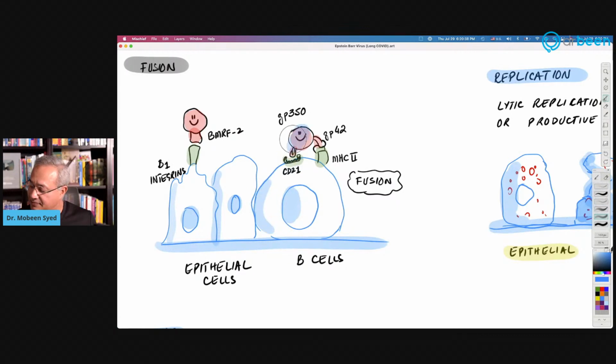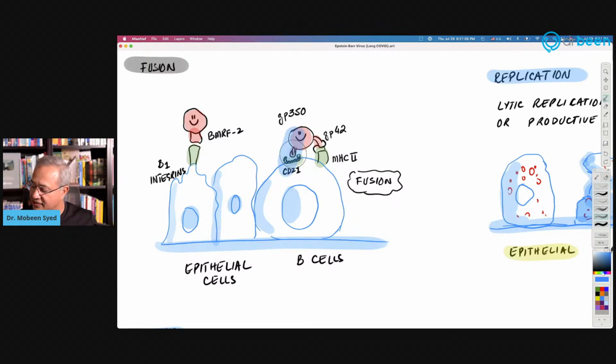So the Epstein-Barr virus can connect with the B cell through two receptors. First, it connects with CD21, that is, GP350 of the virus connects with CD21. CD21, this is interesting, is actually a receptor for the complement system. So Epstein-Barr virus uses that receptor to its advantage.